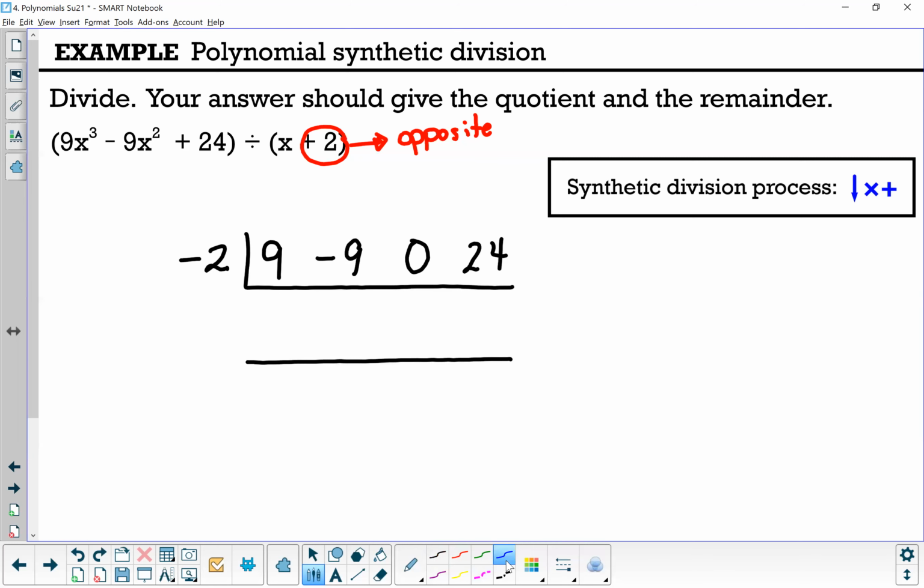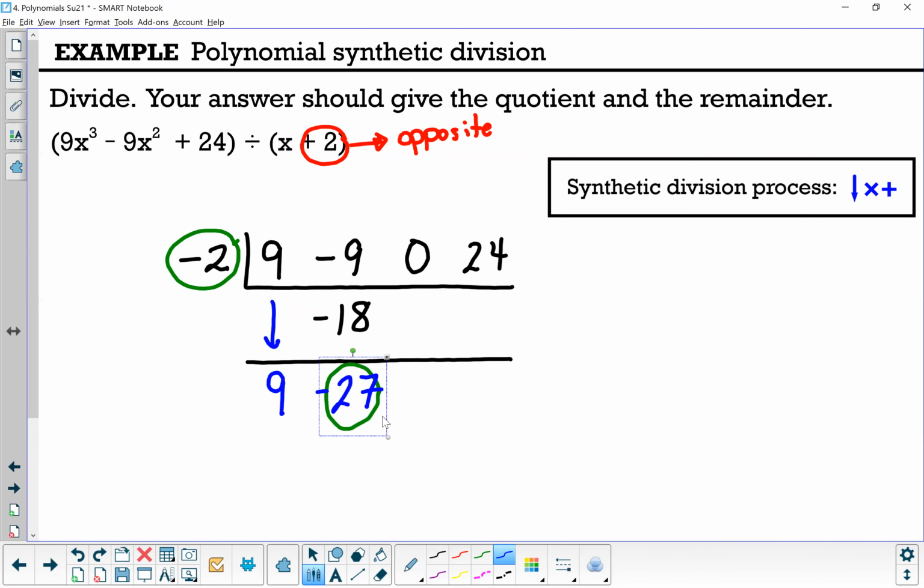Okay, and the process is bring down the first coefficient of 9. And now you're going through the cycle. Multiply the 9 by your -2, and you get -18. Now you're going to add -9 to the -18, you get -27. Okay, you're repeating the cycle.